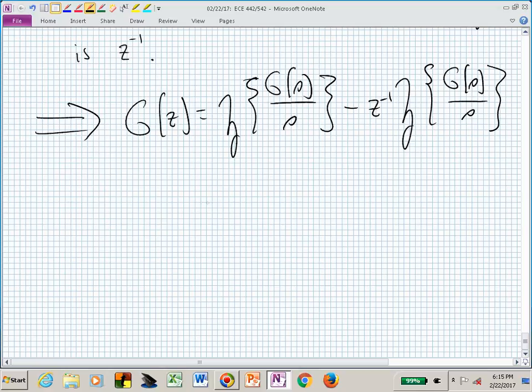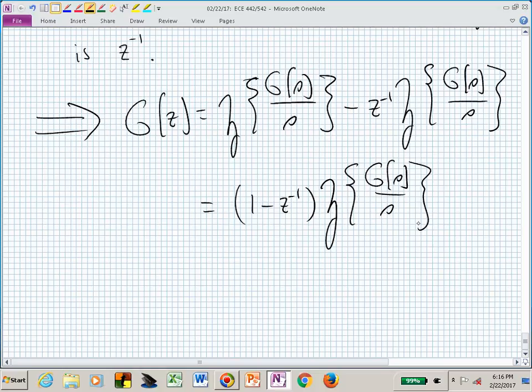Or, if somebody says I need the zero order hold equivalent of g of s, it just becomes 1 minus z to the minus 1 times the Z-transform of g of s over s. So you take that g of s, put another s in the denominator, another pole at the origin, find the Z-transform of that, and then pre-multiply it by 1 minus z to the minus 1. But 1 minus z to the minus 1 is simply 1 over z, finding a common denominator, z minus 1 over z.